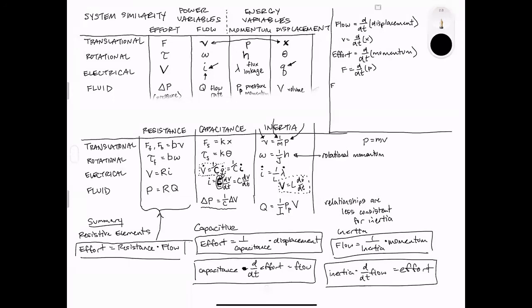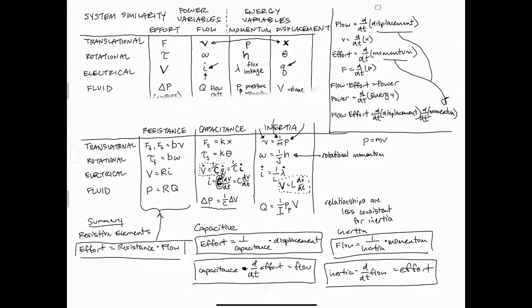And since flow times effort equals power, and power equals time rate of change of energy, we can get flow times effort equals the time rate of change of displacement times the time rate of change of momentum. This one down here, and this one right here.